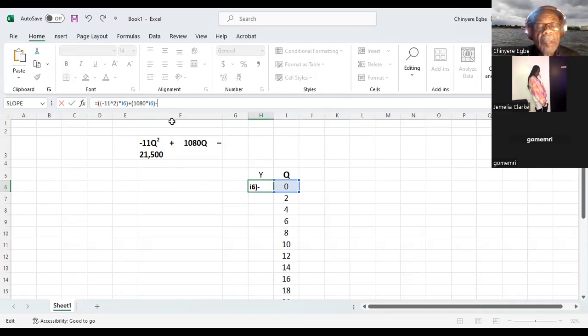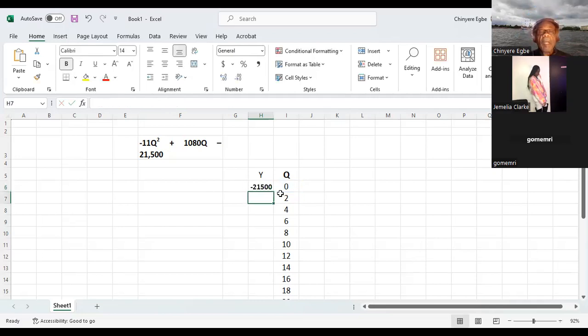Then minus, and all of this. And see, you have to go through a process. And all of this minus 21,500. So you put in the formula there, and you can see automatically you have a loss of 21,500 if you produce nothing.